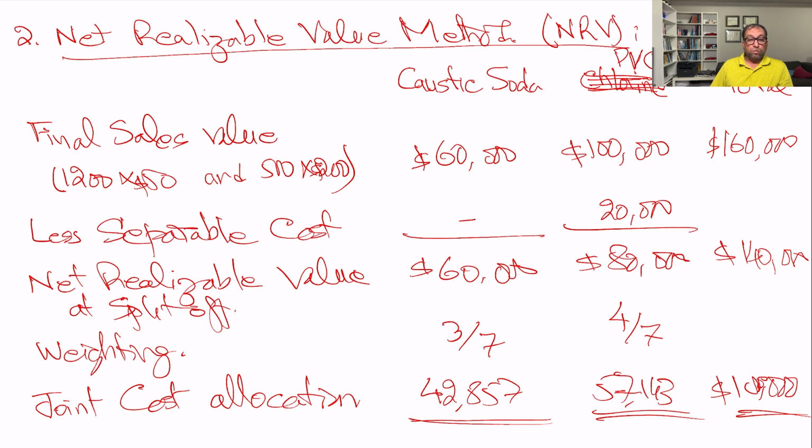Now the third part is we have to calculate, to compare, the caustic soda, like what I showed you here. So what is our third part? It is the gross margin percentage of caustic soda and PVC under the three allocation methods. We will calculate it separately: 3 part A is for caustic soda.